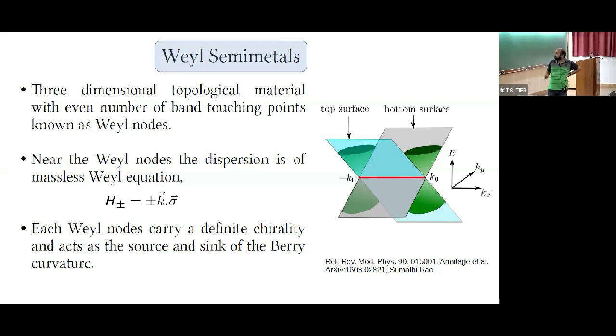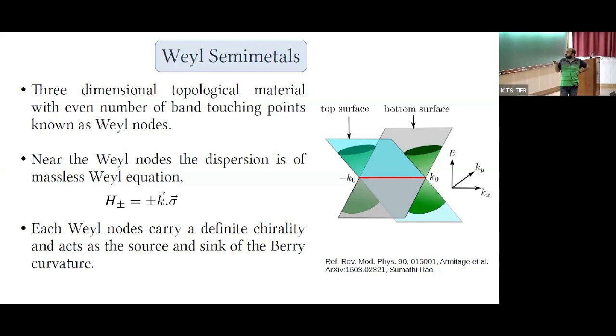Very close to the Weyl nodes, the electron follows the relativistic Weyl equation, and it has two chiralities, going rightwards and leftwards, as we can see here. This is called the point of charge neutrality, where the bands touch.